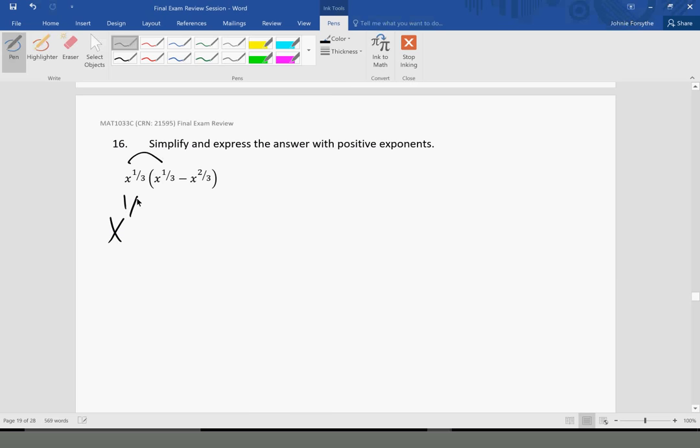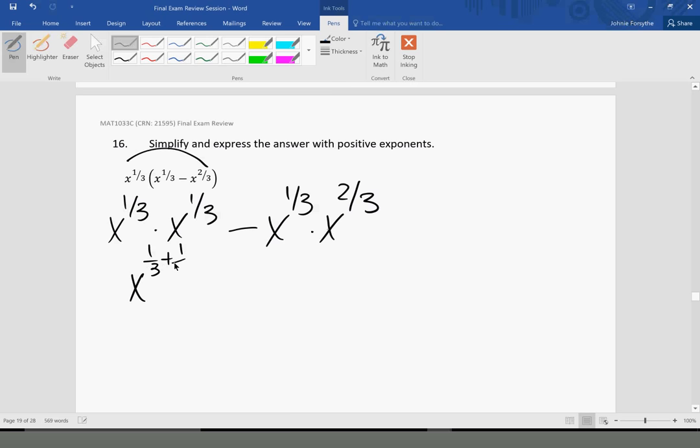So we have x to the 1/3 times x to the 1/3. And then we have minus x to the 1/3 times x to the 2/3. So when we multiply exponents with the same base, we add the exponents. So that's going to be x to the 1/3 plus 1/3 minus x to the 1/3 plus 2/3.